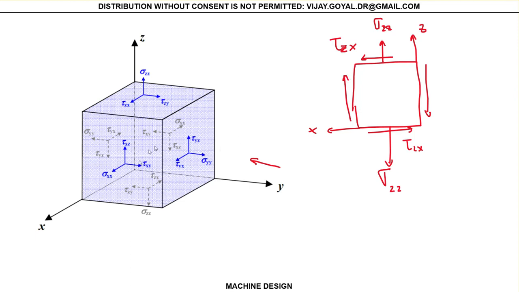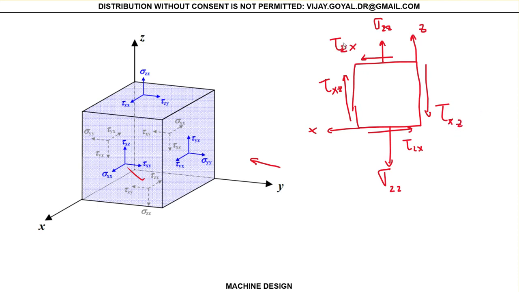Well, we can see it here, now this tau x, x in the x surface, you see? X in the z direction. Okay, in this side, you can see that it's going to act in the x in the z direction.